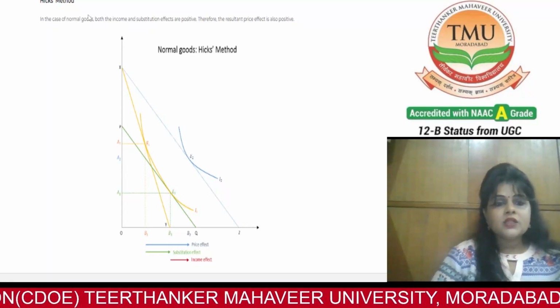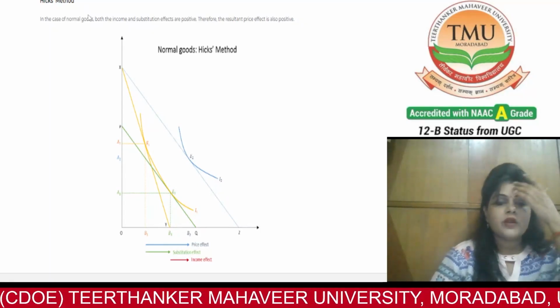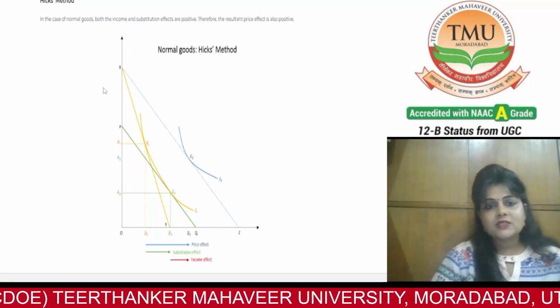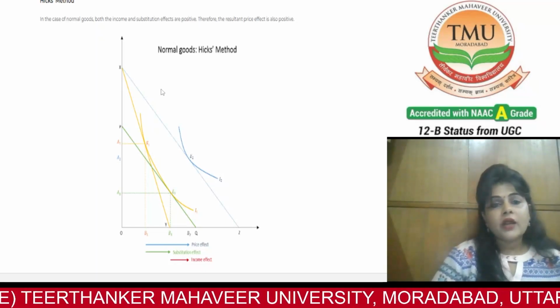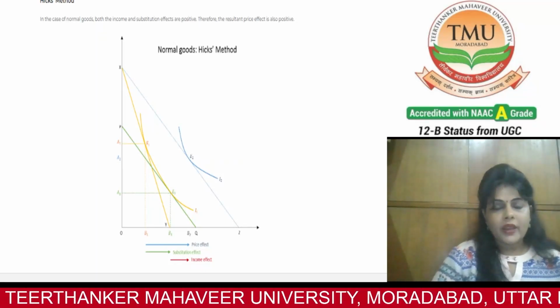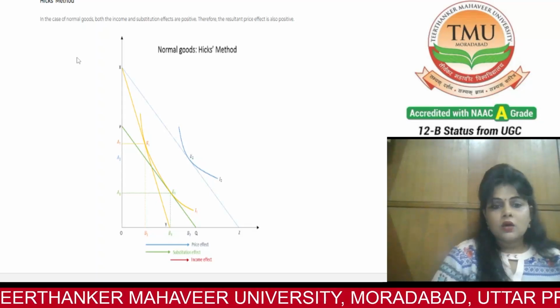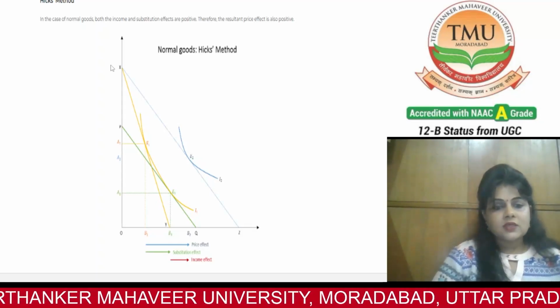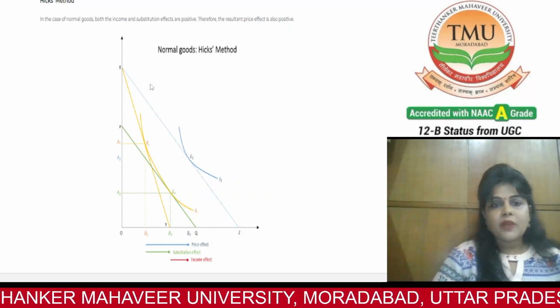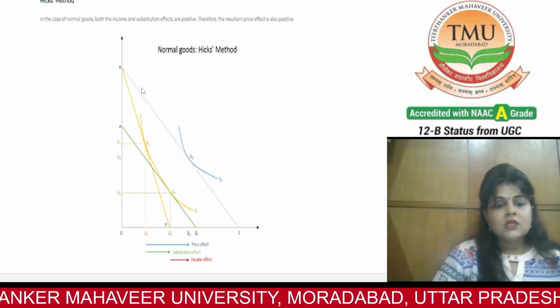Initially, we considered the quantity demanded of our normal good X on the x-axis and the quantity demanded of another normal good Y on the y-axis. Suppose the price of normal good X decreases.